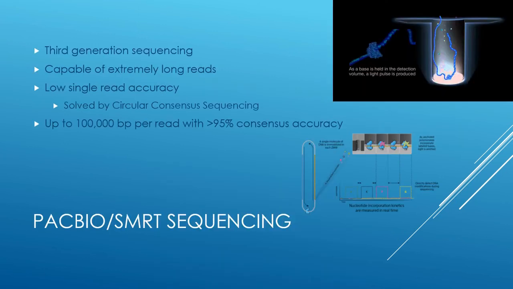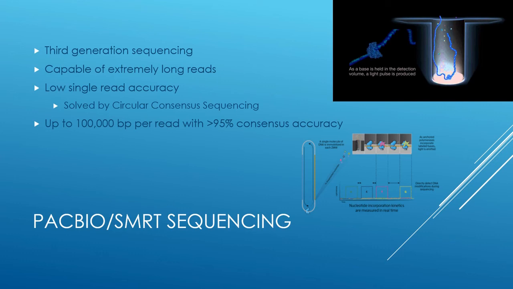And the third and most recent sequencing method we'll be talking about is PacBio sequencing, or single molecule real-time sequencing. This is also known as third-generation sequencing, and it was developed in the 2010s and is the most advanced sequencing method today. A distinction from other sequencing methods is that PacBio sequencing is capable of extremely long reads.